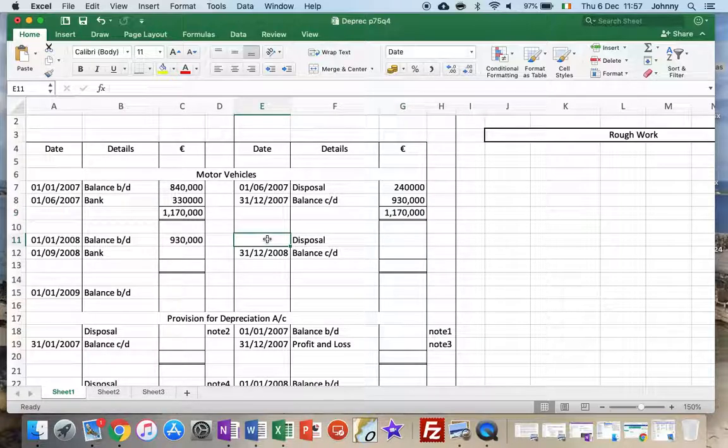Next year on the 1st of the 9th, 07, vehicle 1 is traded in, 4 grand against the new vehicle costing 72. Vehicle number 1 cost 320, my mistake.